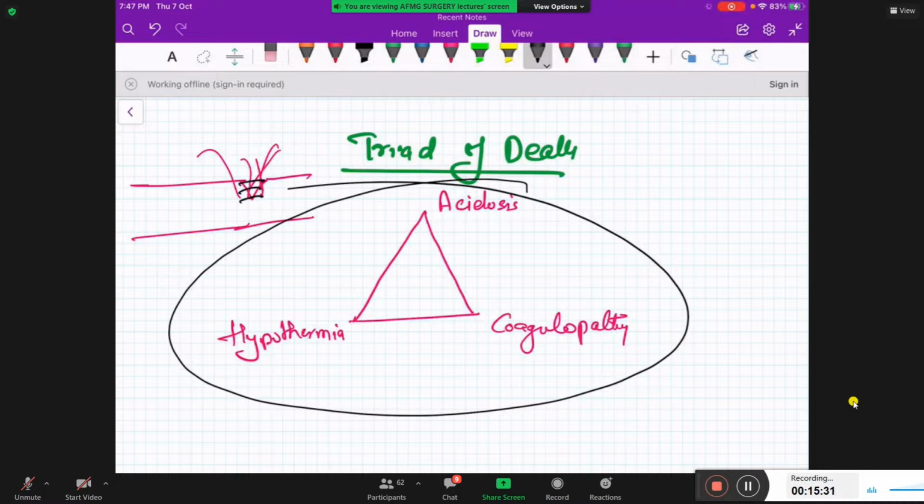But imagine the same fight happened at a distant place, and the patient is now brought to a trauma center. By the time this patient reaches here, you can appreciate this patient not only will be in hypotension, but may also have developed acidosis, hypothermia, and coagulopathy.